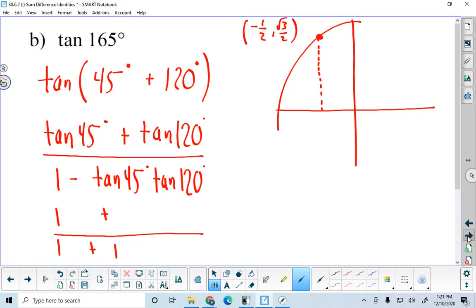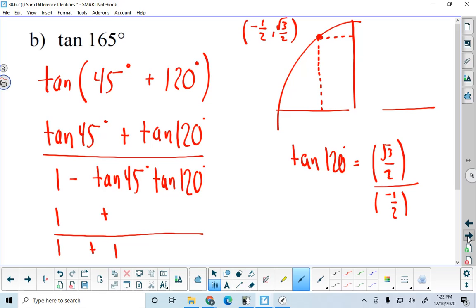Well, it's negative 1/2. The y-coordinate must be root 3 over 2. So tangent of 120 would be root 3 over 2 over negative 1 over 2.